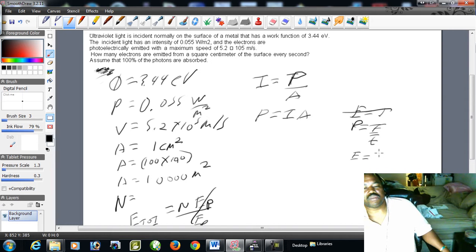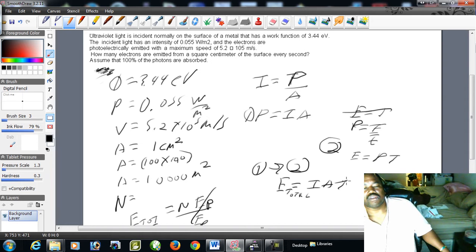Therefore, energy is equal to PT. This is equation 1, this is equation 2. Putting 1 inside of 2, energy is equal to IAt. Cool. That's my total energy.